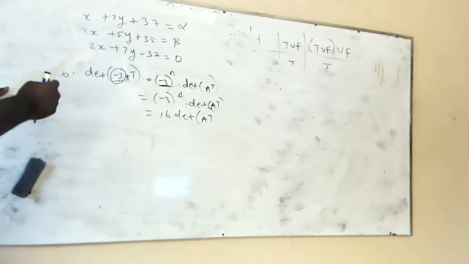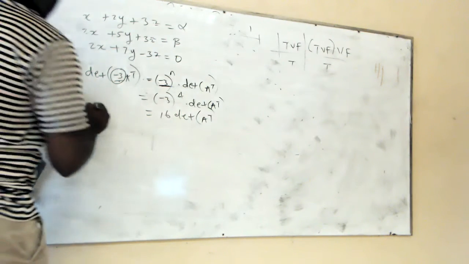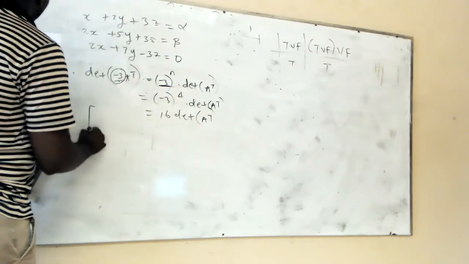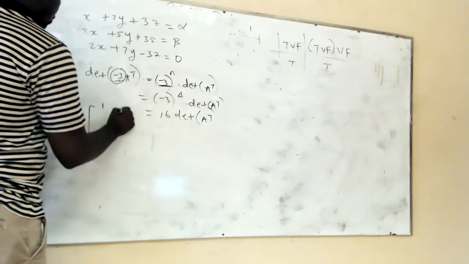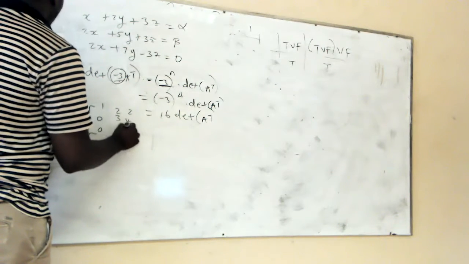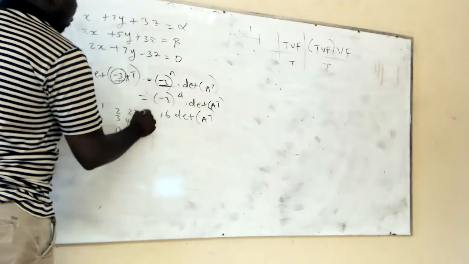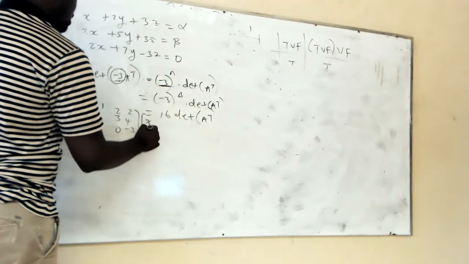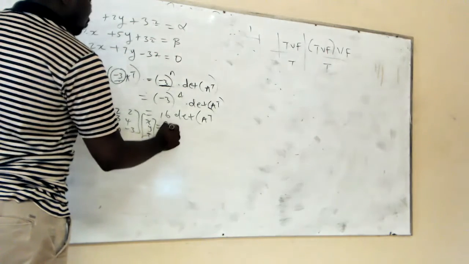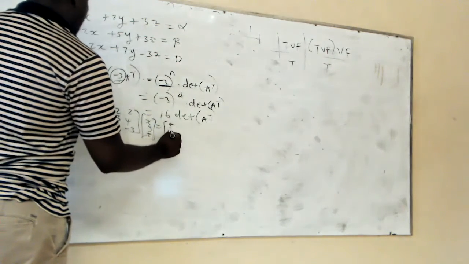And then question number 18 is about getting the augmented matrix first. It is going to be 1, 2, 2, 0, 3, 4, 0, 0, -3, multiplied by x, y, z on the right hand side, with 10, 5, 10, and -3.